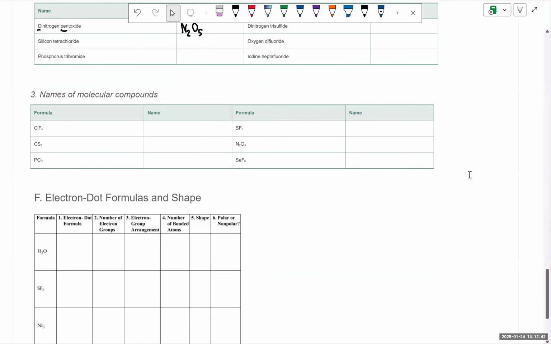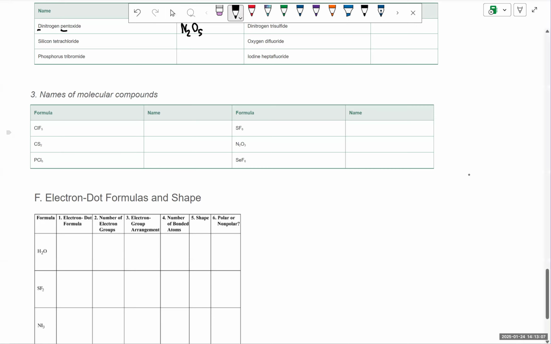For this next part, we're going to name some molecular compounds. So for naming molecular compounds, you're going to write the name of the first atom in the formula, along with a prefix if there is more than one. Then you're going to write the name of the second element, including a prefix, and adjust the suffix to IDE.